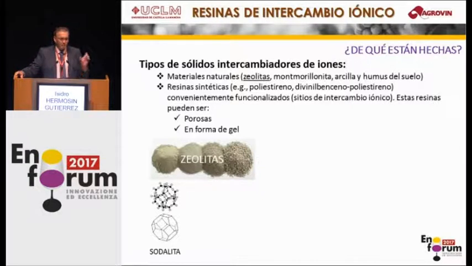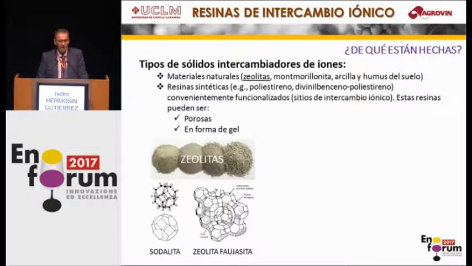You have a crystalline structure at the basis of any zeolite, and then a basic crystalline material called sodalite, and that's where the silica and aluminum atoms are.